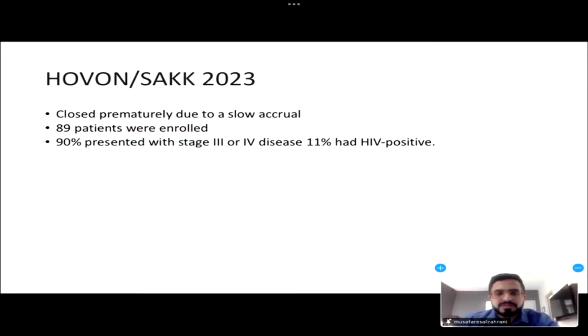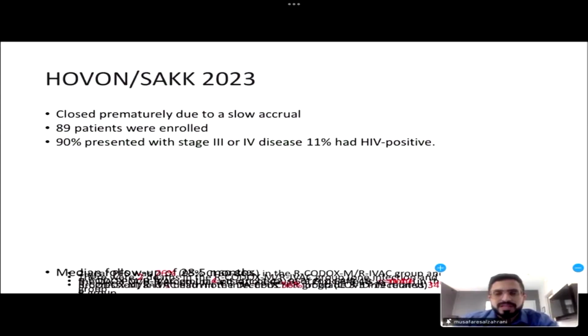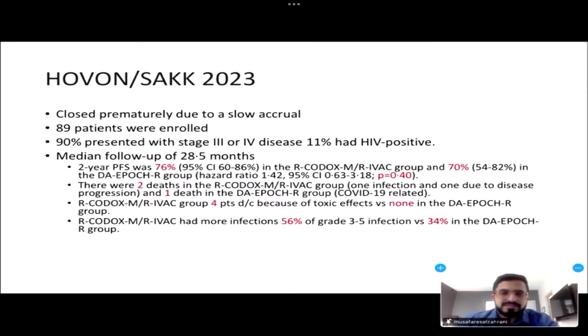90% of these patients presented with stage 3 or 4, and 11 had HIV positivity. After a median of 28.5 months, the 2-year progression-free survival was 76% in the MIGRATH protocol, compared to 70% in the dose-adjusted EPOCH-R, with a p-value that was not significant. So there was no significant difference in progression-free survival.